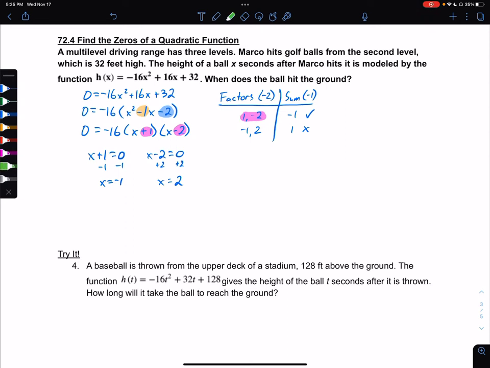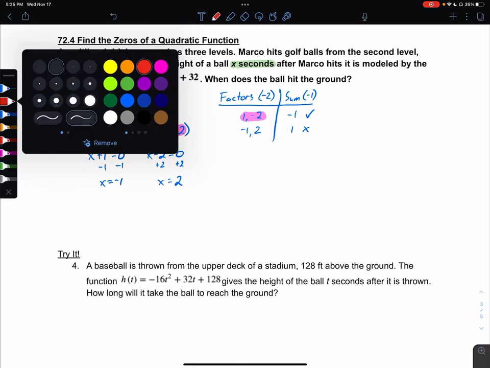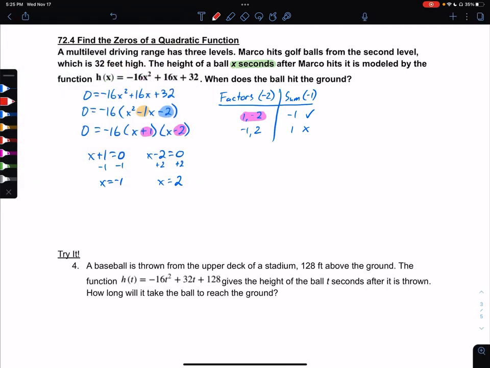However, we need to be careful because the value of x represents seconds, and we can't have negative seconds, right? We're looking for when the ball hits the ground. X being equal to negative 1 makes no sense. The ball can't hit the ground after negative 1 seconds.